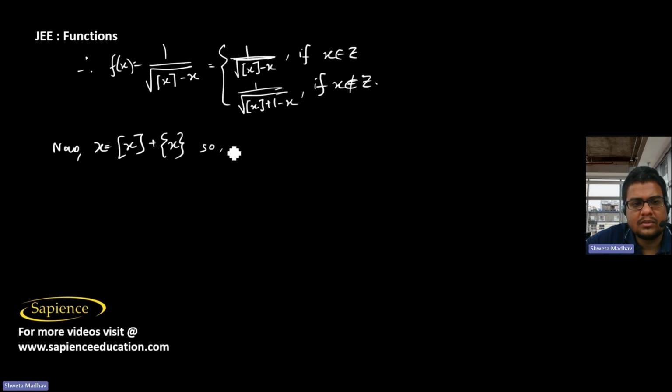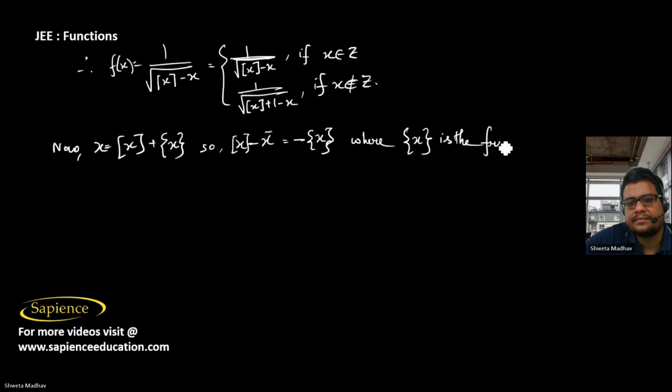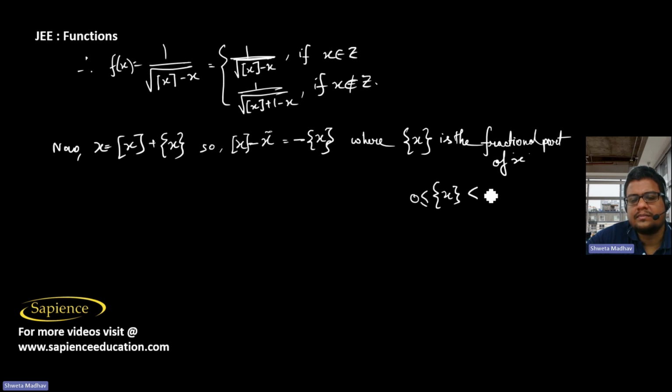Therefore, bracket x minus x is equal to minus the fractional part of x. This fractional part goes from 0 to 1. It can be 0 also, but it is always less than 1.